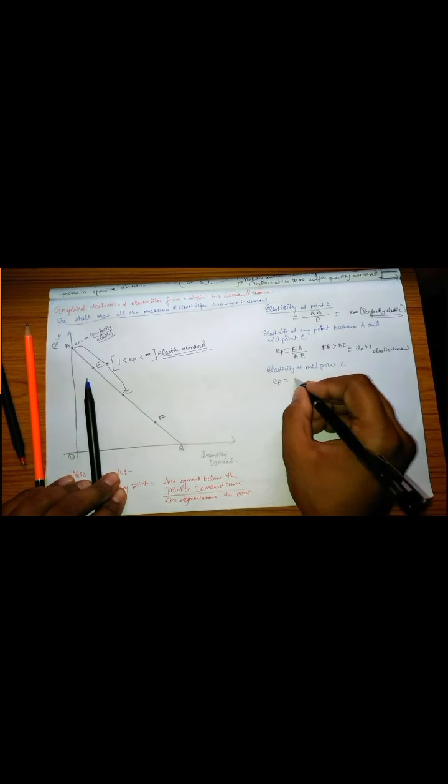Moving towards the next point, that is point C. Elasticity at midpoint C is calculated by CB divided by AC, and CB and AC both are equal, so the value will be equal to 1, or unitary elastic.